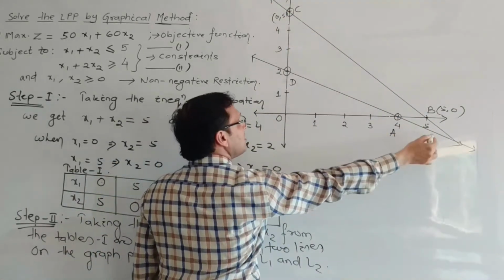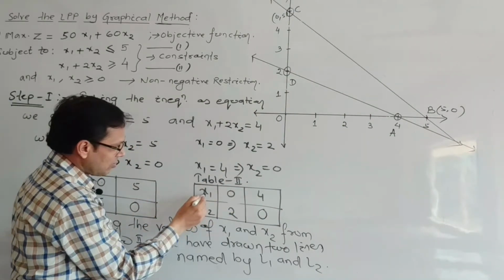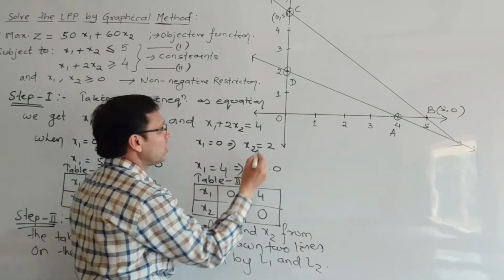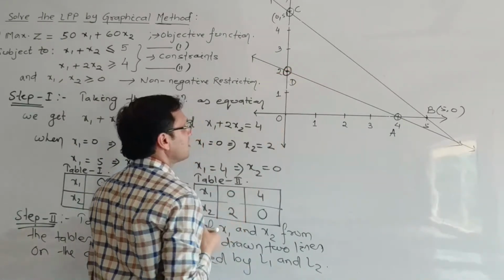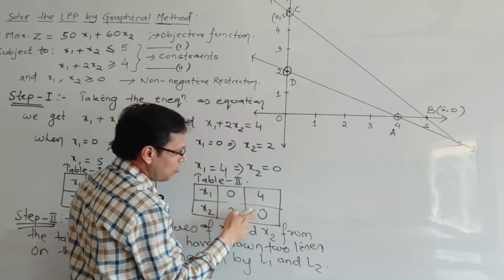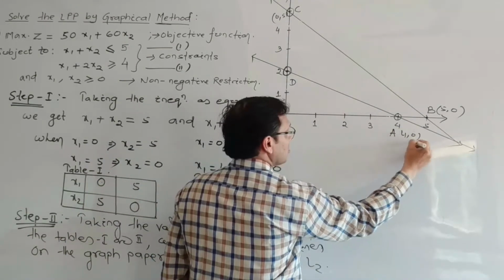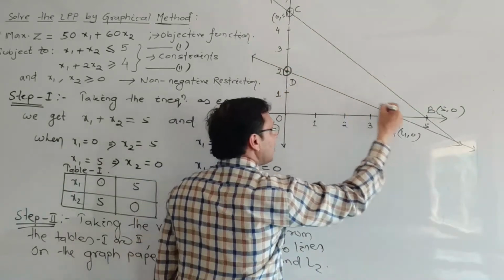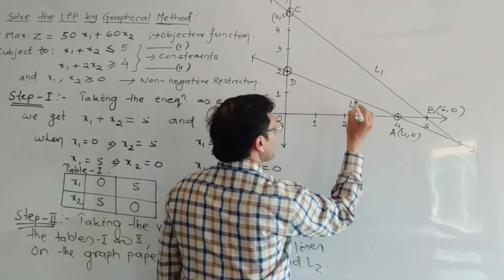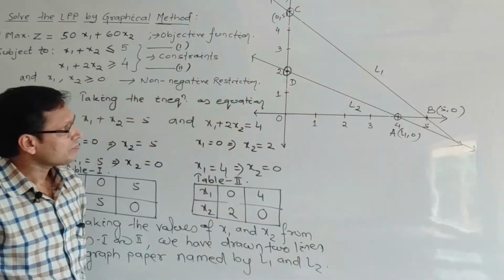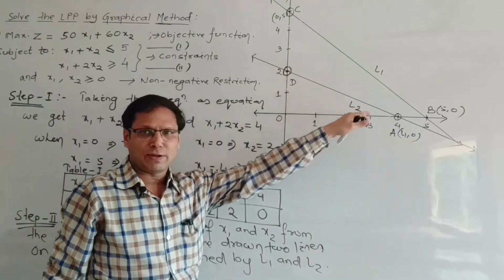Next, from table 2, when x1 is equal to 0, x2 is 2, that is the point (0, 2). And when x1 is equal to 4, x2 is equal to 0, the point (4, 0). So we'll draw another line, L2. This line is L1 and this line is L2. We have already completed 2 lines on the graph paper.